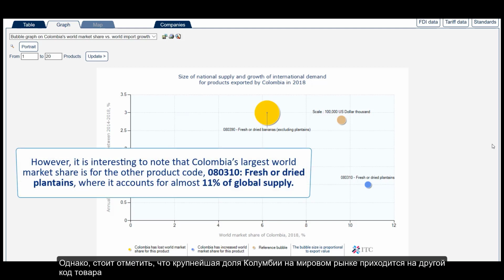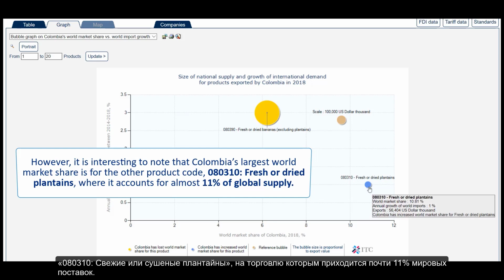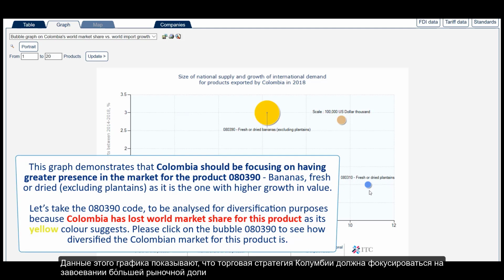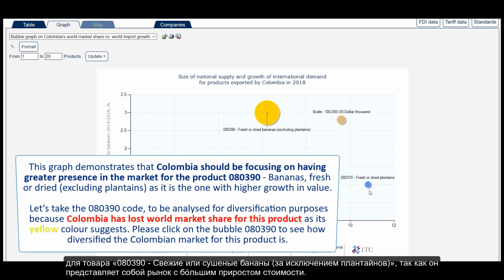However, it is interesting to note that Colombia's largest world market share is for the other product code, 080310, fresh or dried plantains, where it accounts for almost 11% of global supply. This graph demonstrates that Colombia should be focusing on having greater presence in the market for the product 080390, bananas fresh or dried excluding plantains, as it is the one with a higher growth in value.